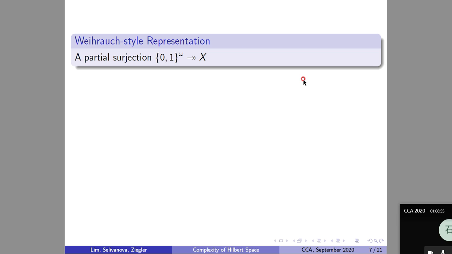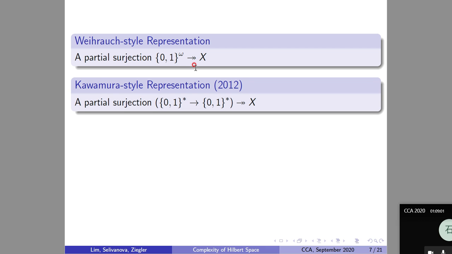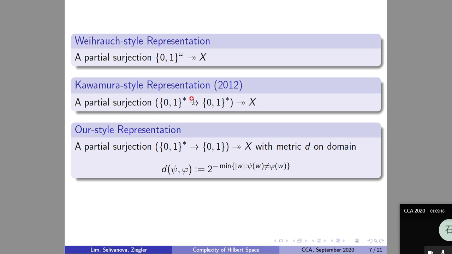This is the Weihrauch type representation, where the encoding space is the Cantor space, and this is the Kawamura style representation, where the encoding space is strings. We encode an element as a string predicate, a partial function from strings to strings. In this work, we adopt this string predicate representation. This is not a string function, but a string predicate.